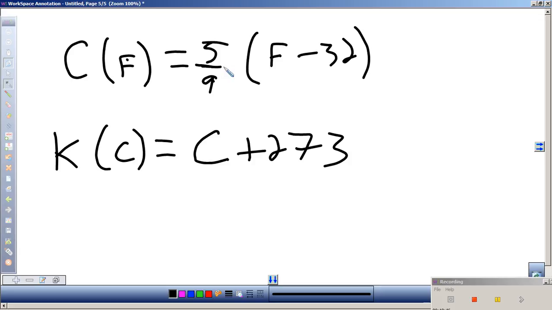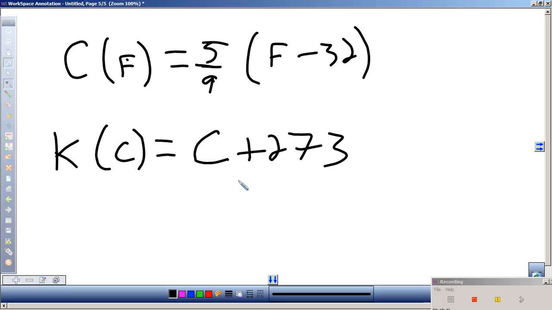What's the boiling point of water in Fahrenheit? 212. And what is it in Celsius? So 212 minus 32, you get 180. 180 divided by 9 is 20, times 5 is 100. So this is the correct formula.